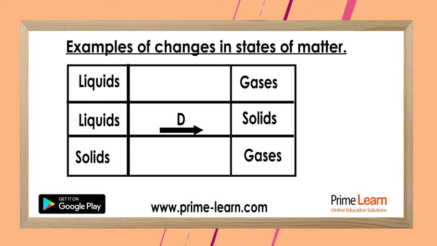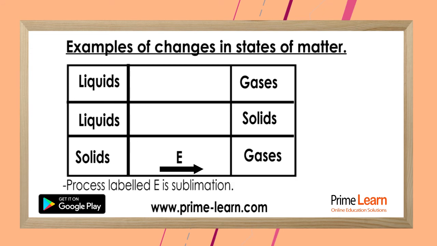Then another arrow is marked D. It is from liquids to solids. How do you call that process by which liquids change to solids? That process is called freezing. Freezing is the process by which liquids change to solids. Lastly, we have the process marked E. The arrow is showing us that it is from solids to gases. And that process is called sublimation.